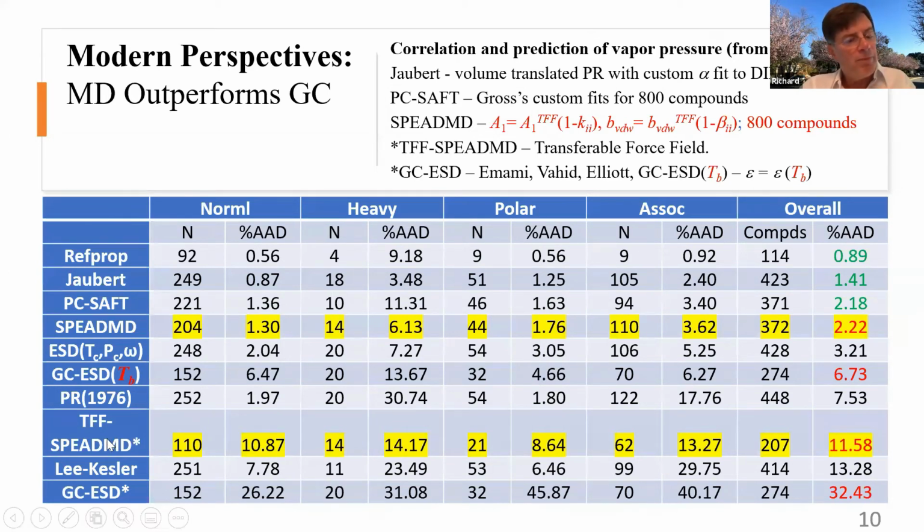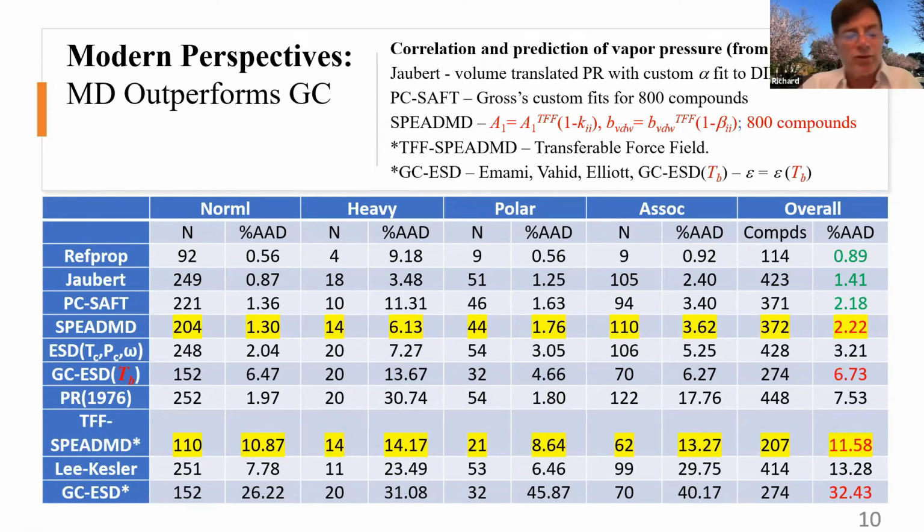If you look back, there's a paper around 2008, I think it was, where we looked at this transferable force field with SpeedMD, and we separated the database into a training set and a validation set. It was about either 2/3 training, 1/3 validation, or 50-50.